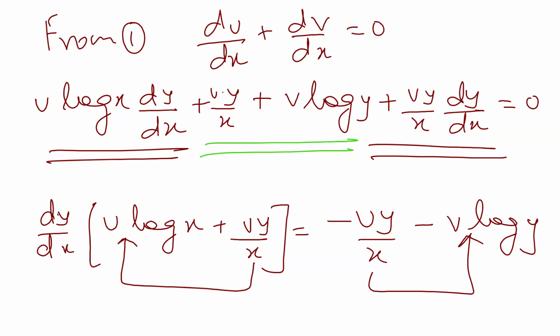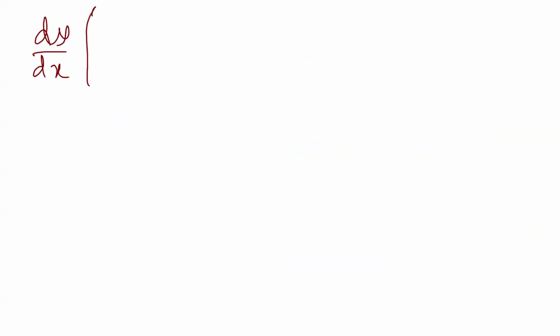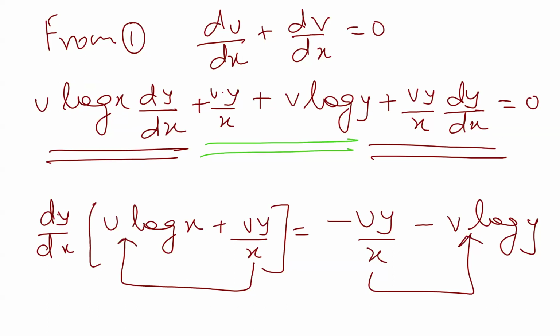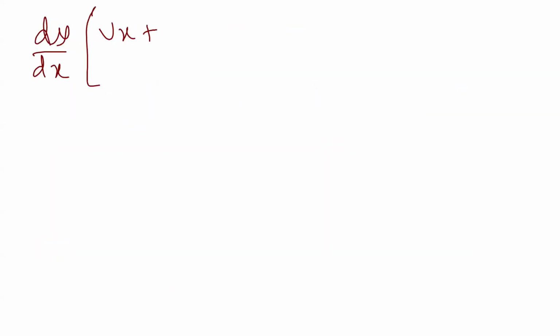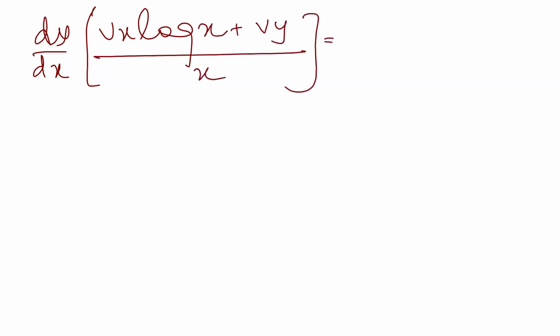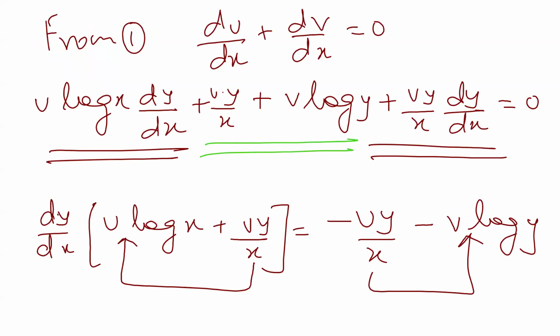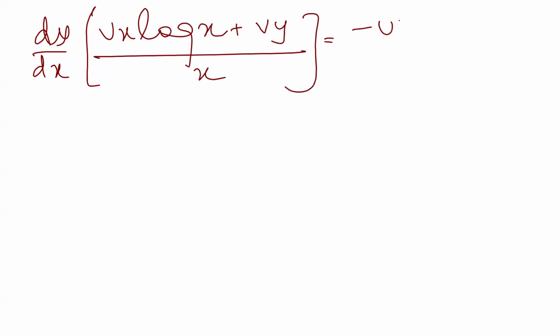So dy by dx into ux log x plus vy upon x, and the right hand side minus uy minus vx log y upon x.